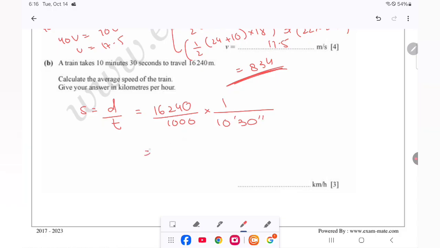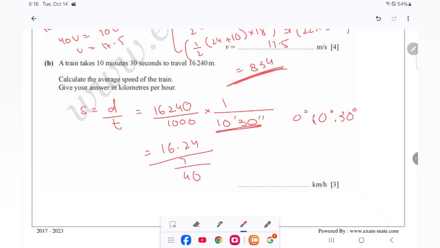Solve it further. We can solve it by putting that in the calculator or manually. This will become 16.24 over 7 over 40. Solve it further: 92.8. 92.8 is our answer, kilometers per hour.